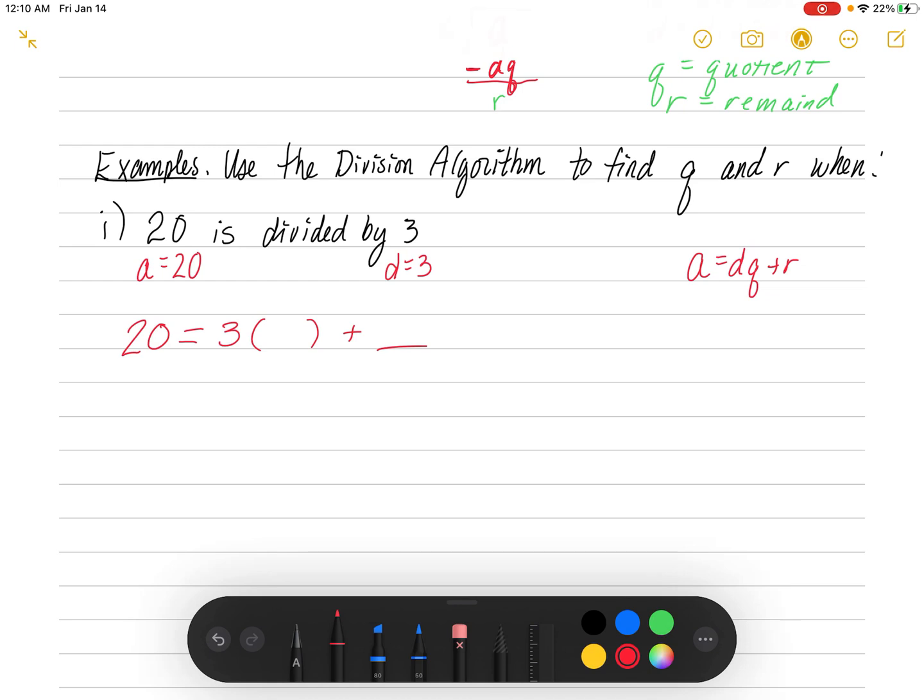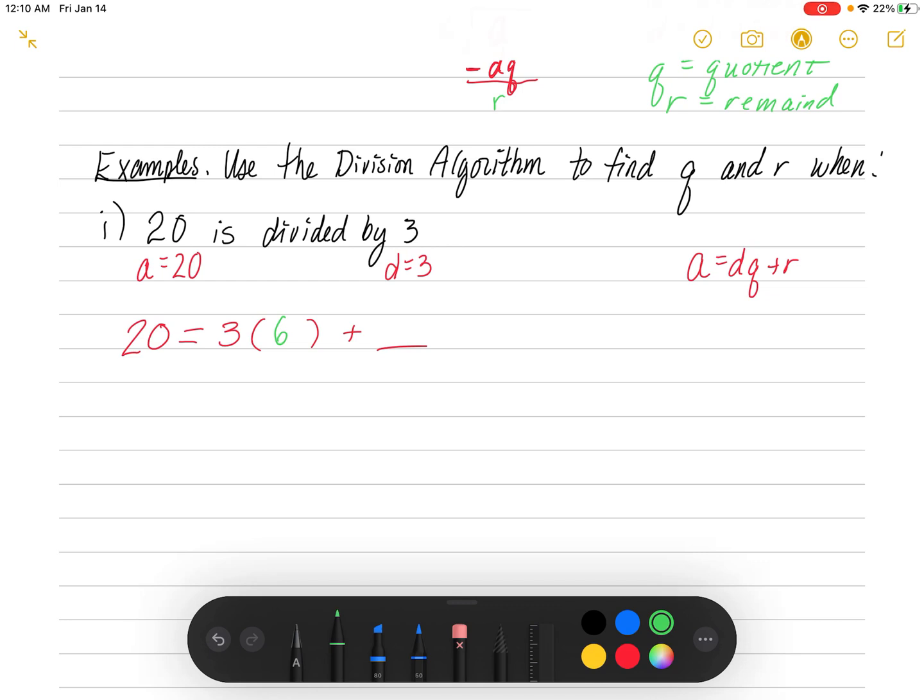So what I'm going to do is take my calculator and take 20 divided by 3. When I do that, 20 divided by 3 is going to give me 6.6 repeating. So for the q, I'm going to put 6. I'm basically using the floor function here.